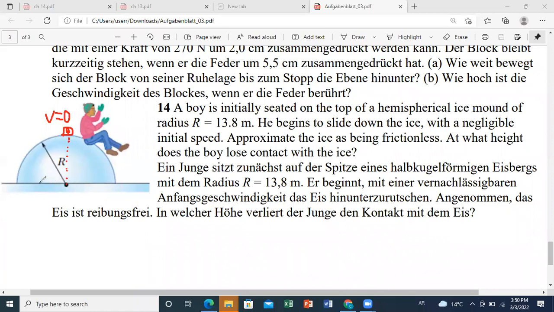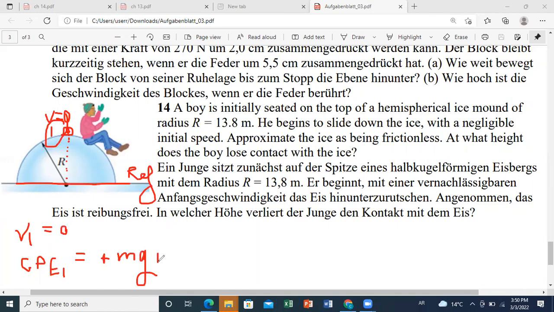If we take the reference line here, at the initial state, point 1, we have V1 equal to 0, and the gravitational potential energy at point 1 is equal to plus mg times r.